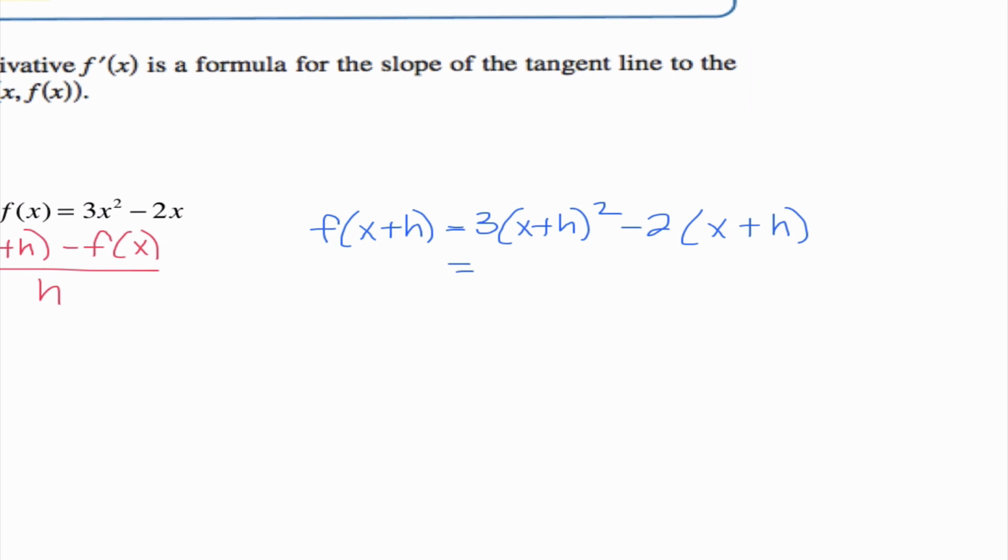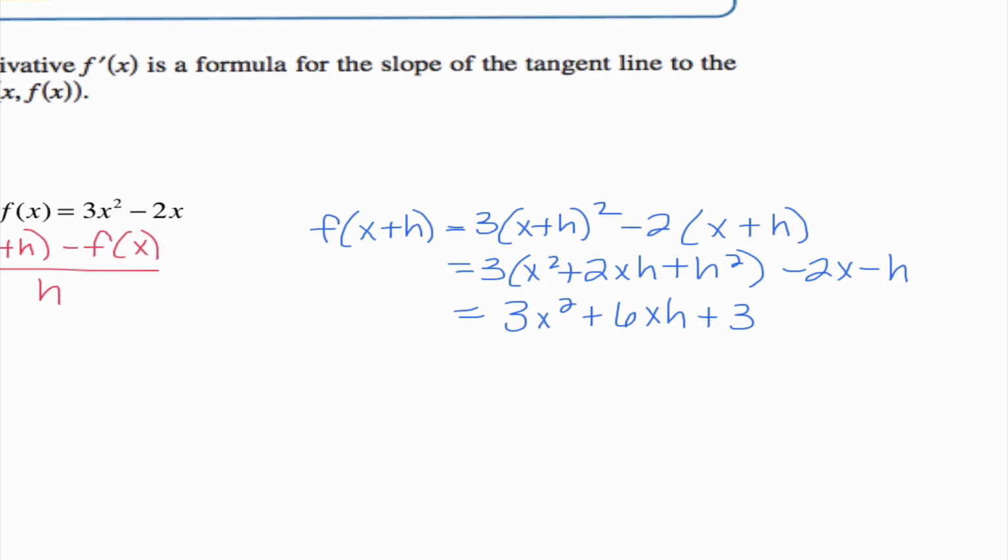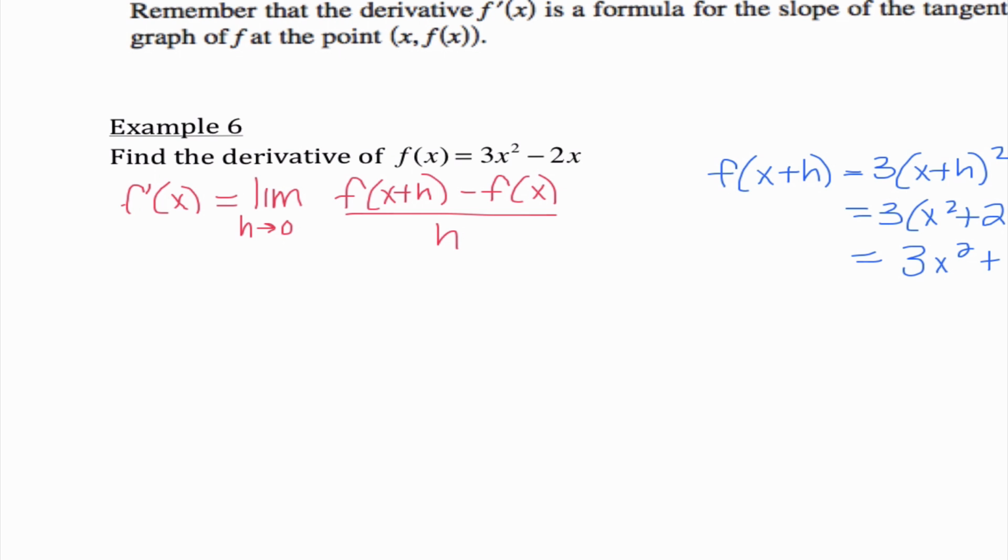So I have 3 times x squared plus 2xh plus h squared minus 2x minus h. So I have 3x squared plus 6xh plus 3h squared minus 2x minus 2h. So we have a lot going on there, but that's all going to go into this equation.